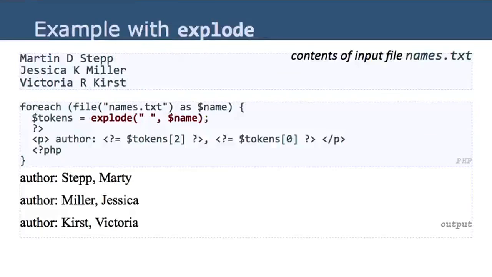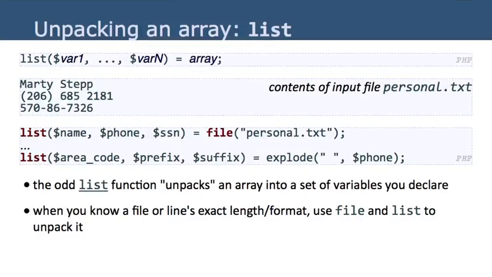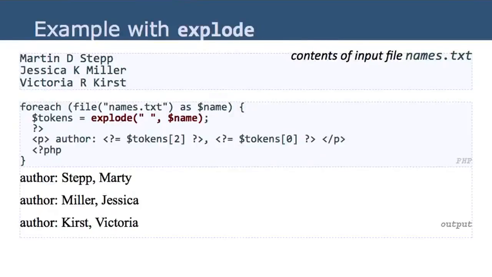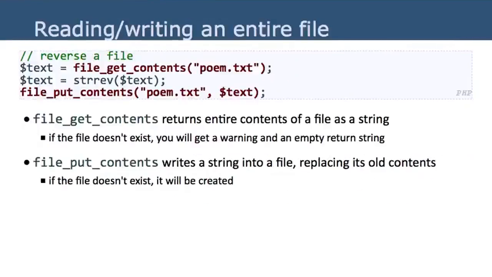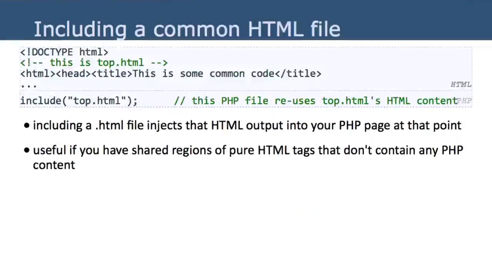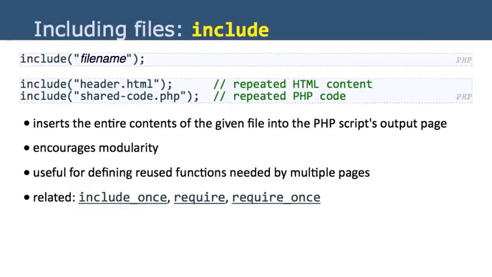Okay. We talked about list for unpacking an array into specific variables, splitting and joining strings with explode and implode. And let's see. And we talked about include. Include is used for including shared code. So one of the things we really don't like is redundancy, right?